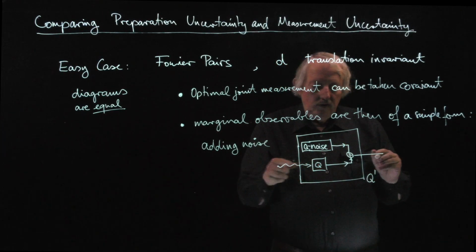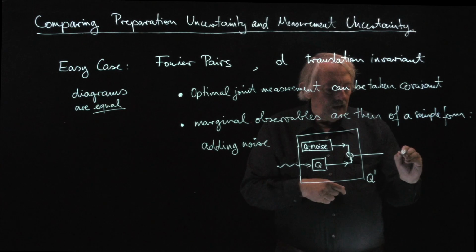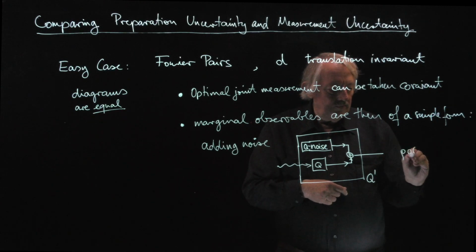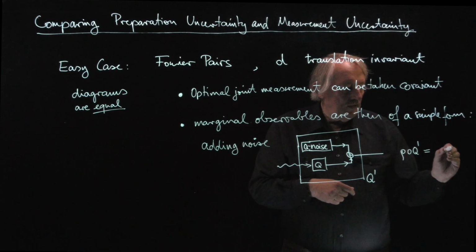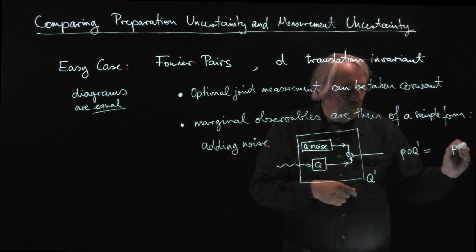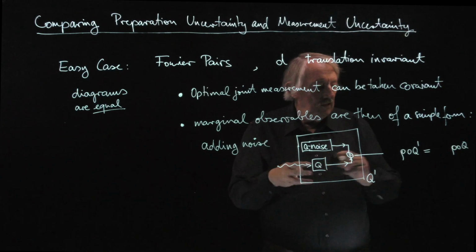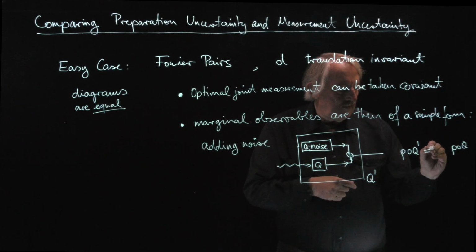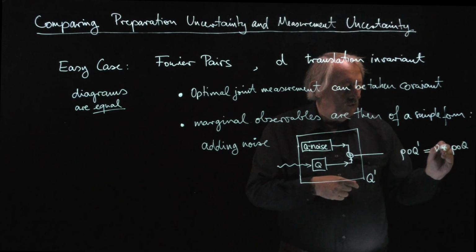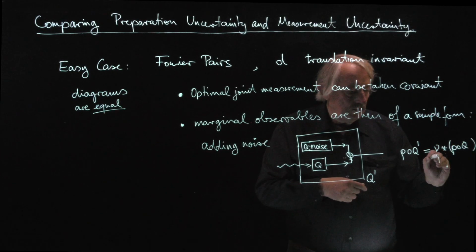Technically speaking, if you look at the output distribution of this Q prime thing, you take the output distribution of the Q thing, you could just make a standard position measurement, and then you add noise. So there is something like, let's say, mu star, this is the convolution. So this is the noise.